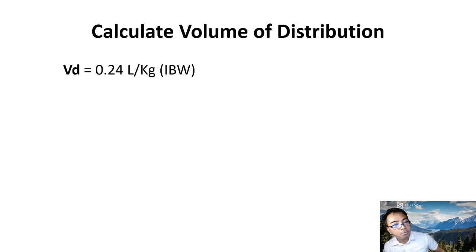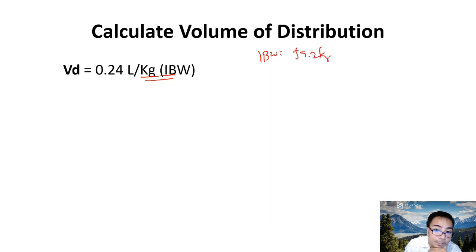Now, what about the volume of distribution? Volume of distribution, class, is simply 0.24 multiplied by the weight of the patient, normally the ideal body weight. Before I forget, sometimes the ideal body weight of the patient is higher than the actual body weight. For example, my ideal body weight, based on my height of 5'4", is 59.2 kilograms.